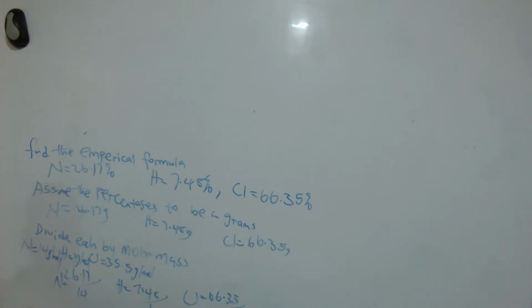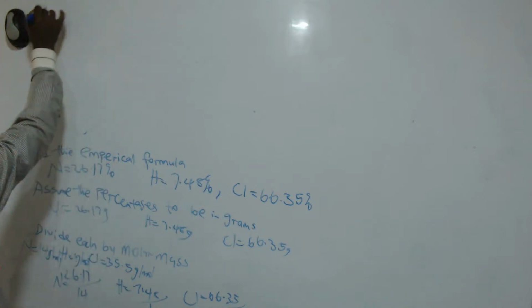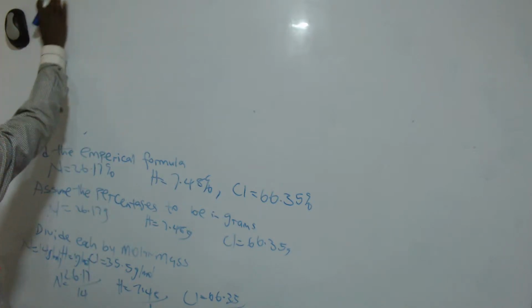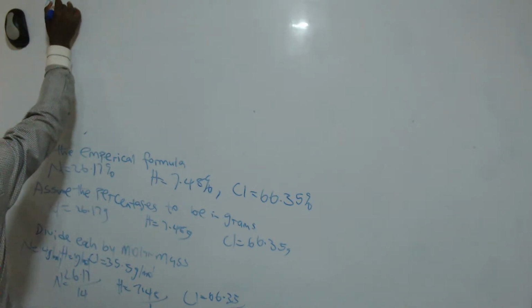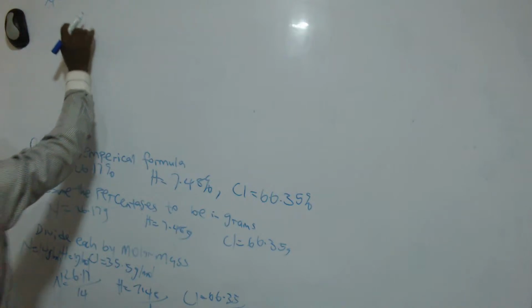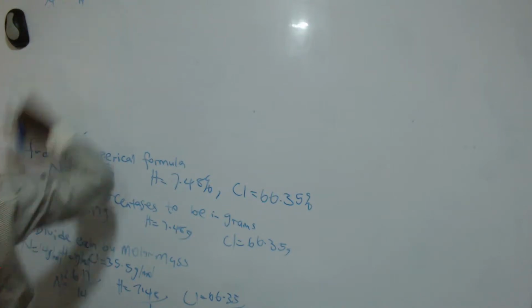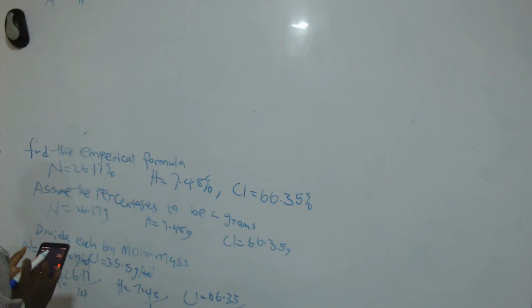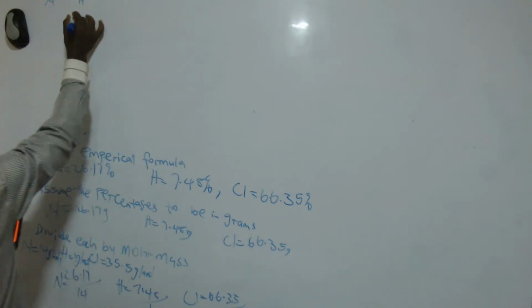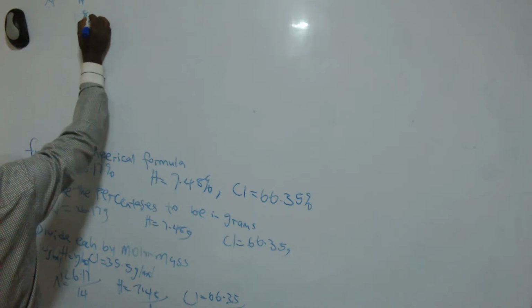This time around, I think we'll be using our calculator. Let's see how we are going to divide carefully. For nitrogen, 26.17 divided by 14 gives 1.87.